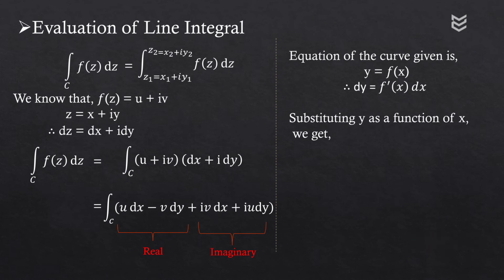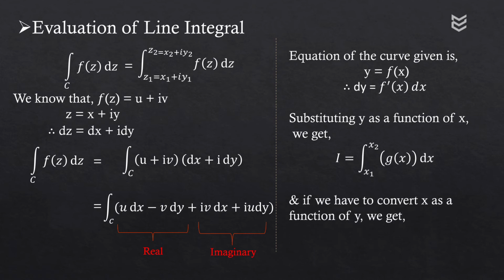As we will have the values as a function of x, we write the equation as integral from x1 to x2 of g of x dx, where g of x is a function of x. And to convert x as a function of y, we will have the equation as integral from y1 to y2 of h of y dy, where h of y is a function of y.